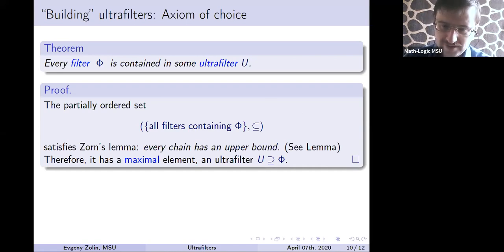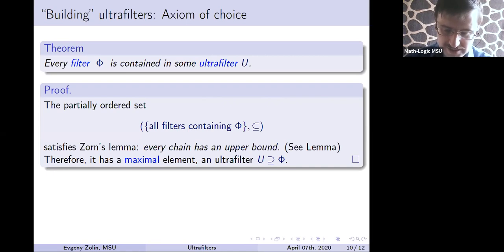And in some sense, this theorem cannot be proved constructively. You need to state something.